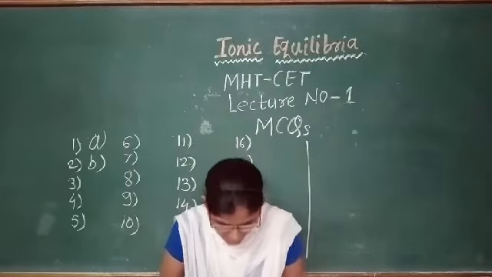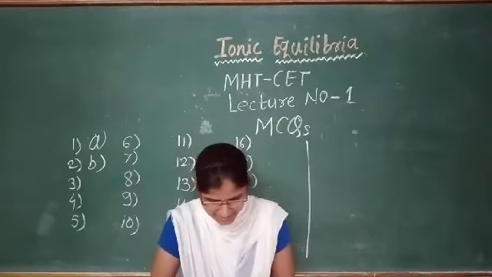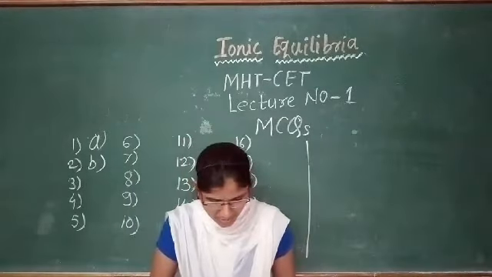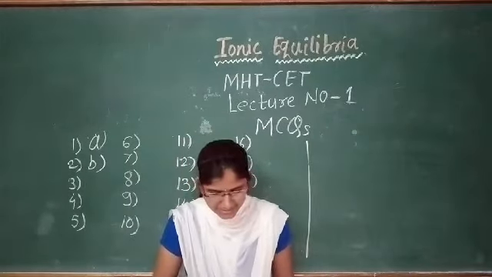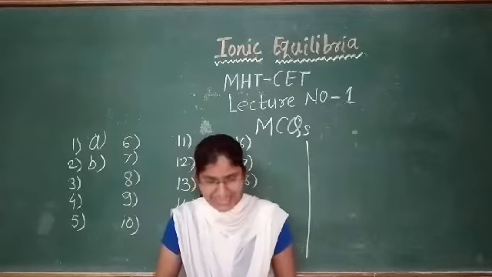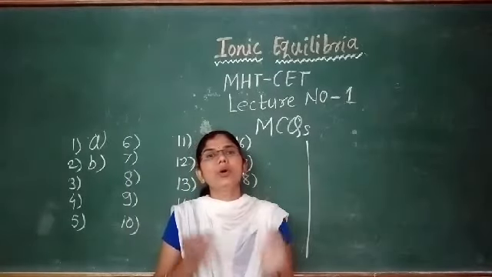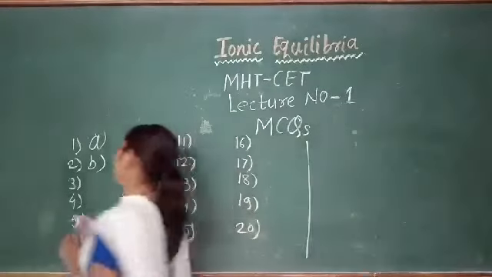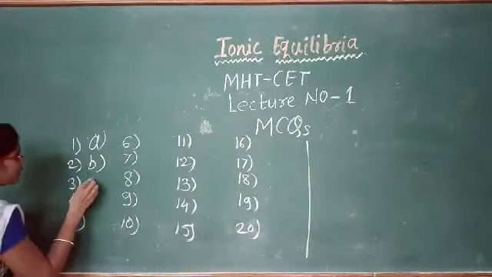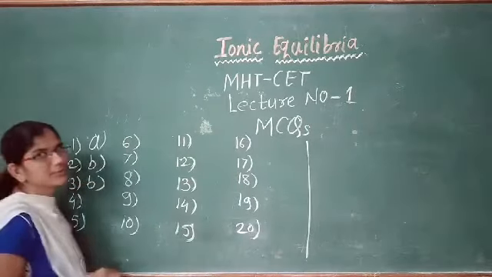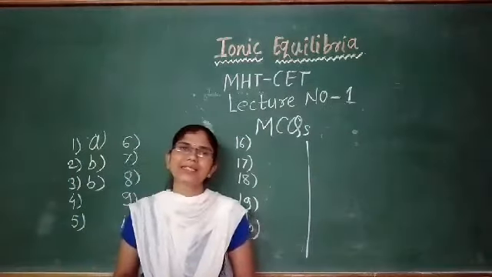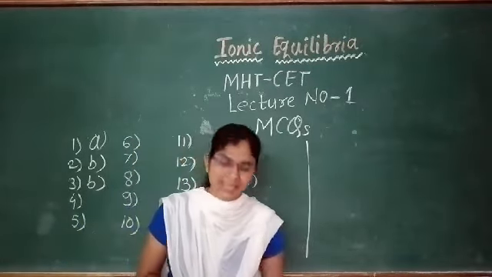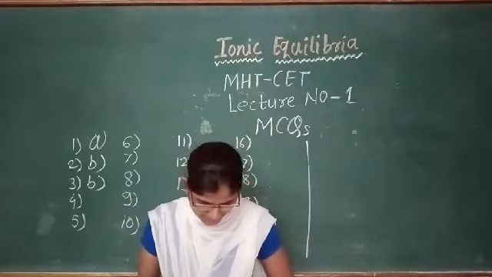So, what is the third question? According to Arrhenius theory, a base is a substance that gives OH minus ions in an aqueous solution. Therefore, the correct option is option B.